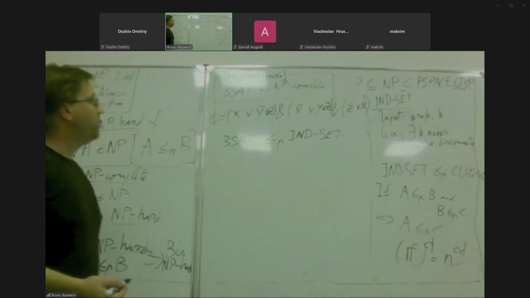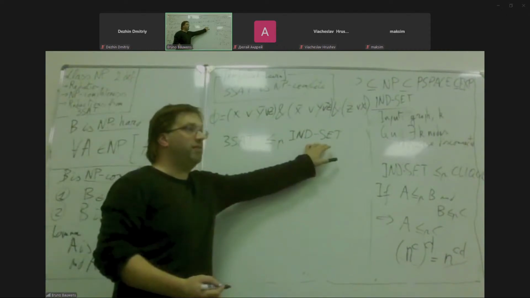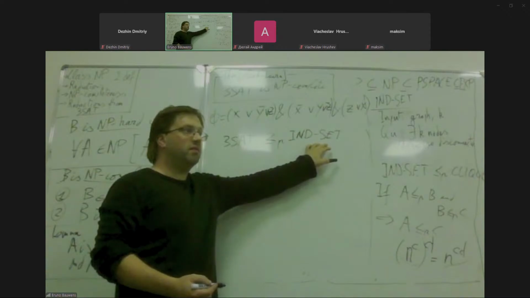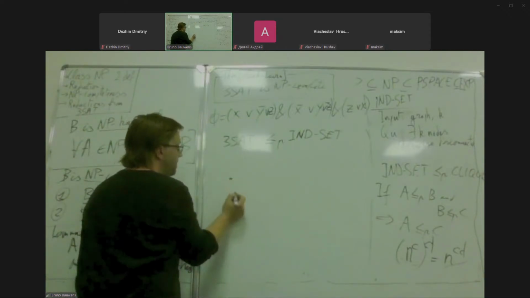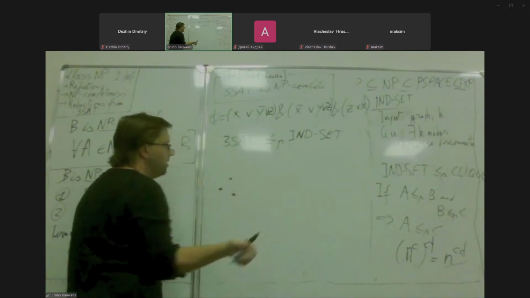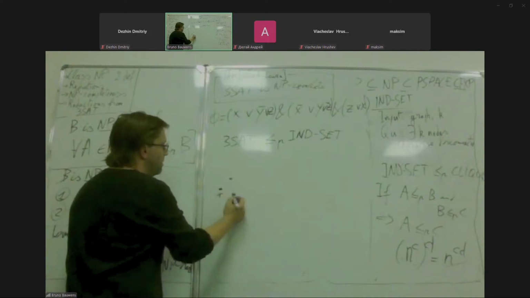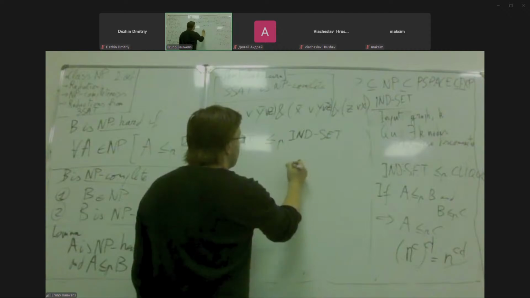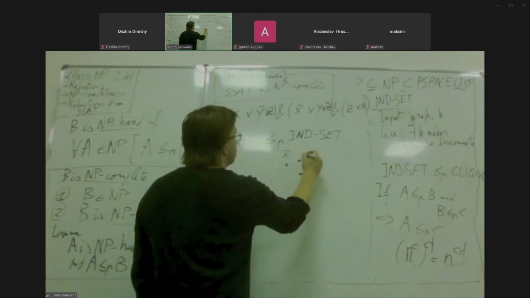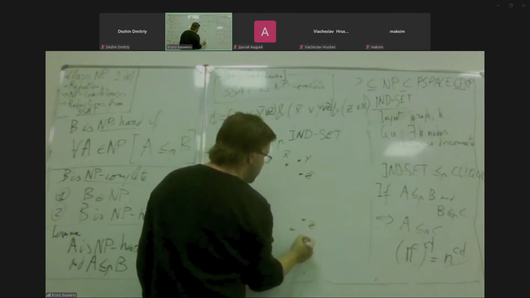And so the plan is that for every clause we need to create a graph and a number k. So for every clause we will have 3 points. I mean, the number of points will be equal to the number of literals, and we mark these points by the name of the literal. So we have x, y, z, and not z, not x.